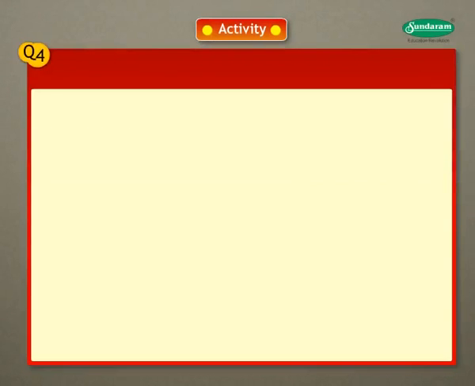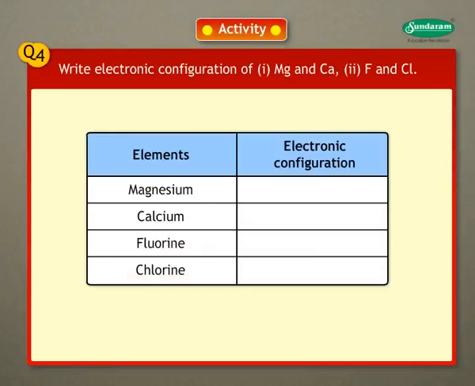Question 4. Write electronic configuration of magnesium and calcium, fluorine and chlorine. Answer. Electronic configuration of magnesium is 2,8,2. Calcium is 2,8,8,2. Fluorine is 2,7.